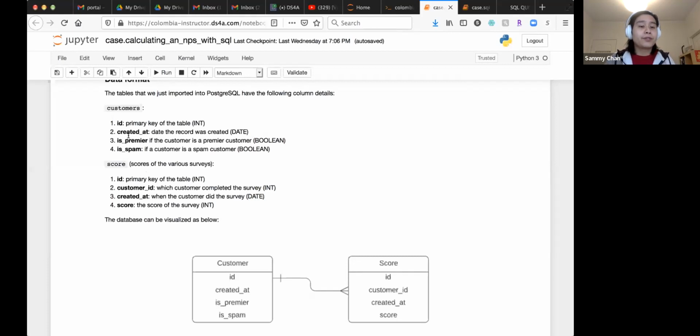It could be neither. A customer can just be a normal customer, which means they're not premier nor spam, so they can both be 0.